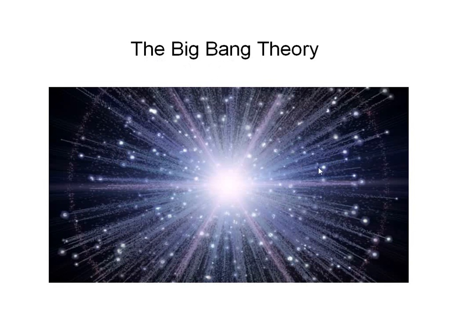And if you observe all of the different galaxies, you can find that all of them have red shift. So this means all of the galaxies are moving away from us, right? So it is a Big Bang, right? And since this is a Big Bang, then originally there must be a starting point, right?